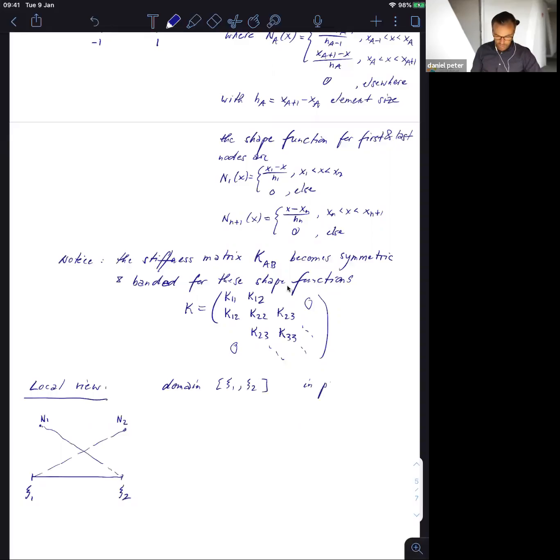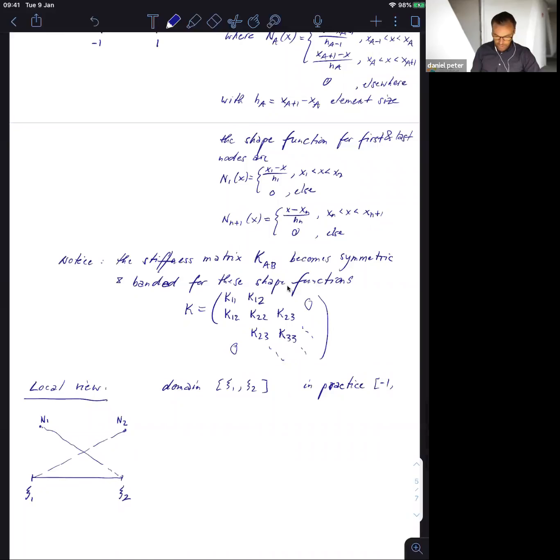In practice, we can just choose -1 to 1, which is a good range. The nodes here are at positions xi1, xi2. It's always fixed.